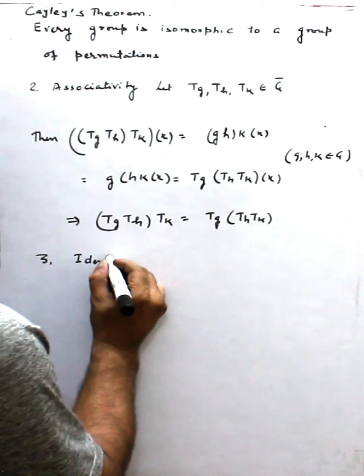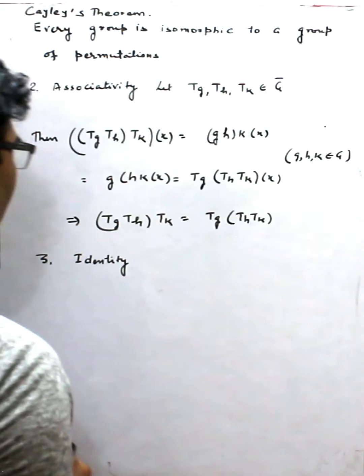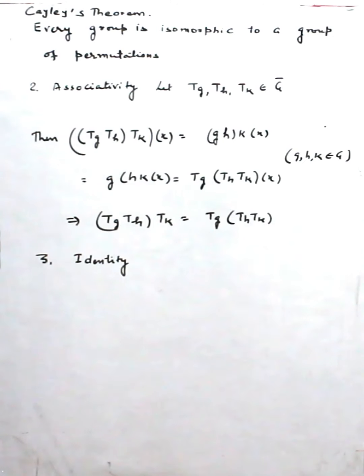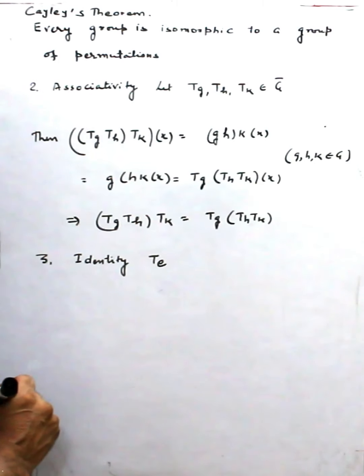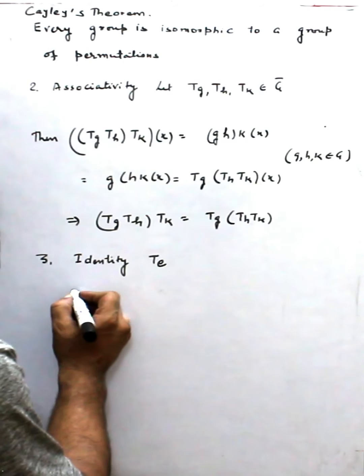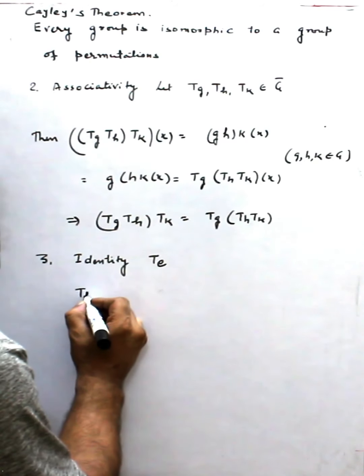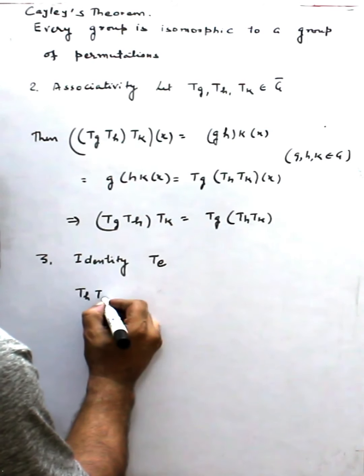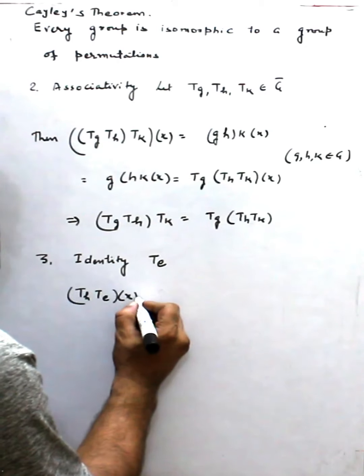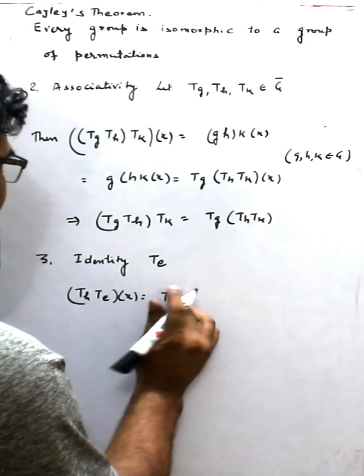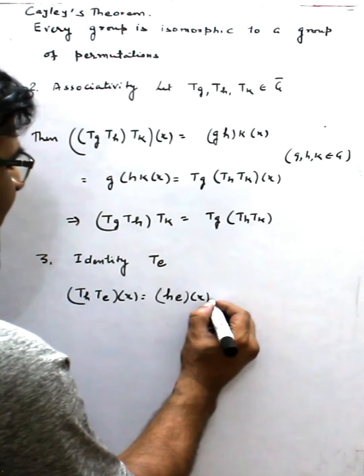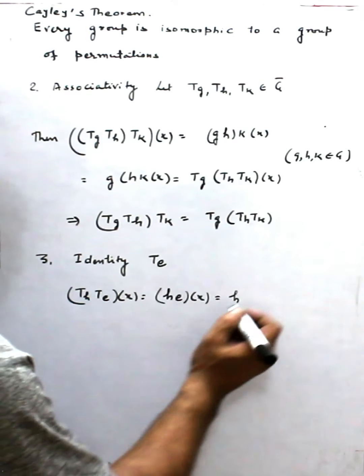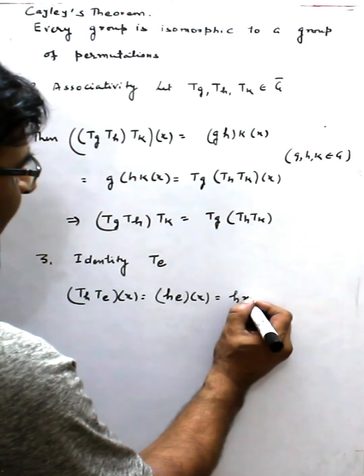Again, third, identity. What is the identity in G? Obviously e. So we say Te is the identity. Th Te, if I apply on x, becomes T of h e x, and this is h x.